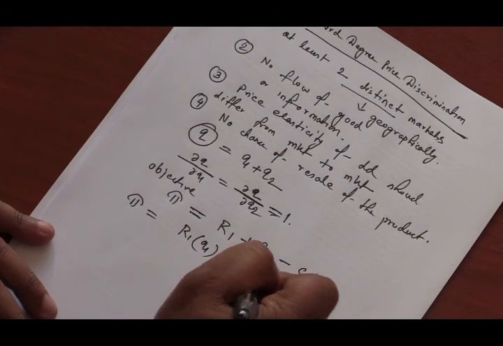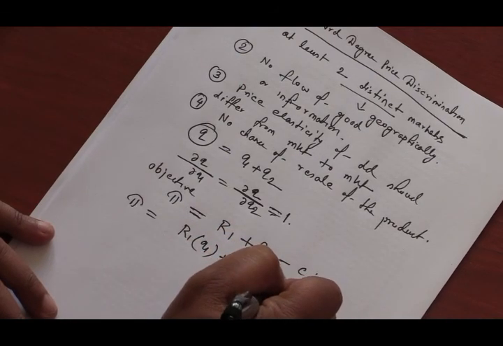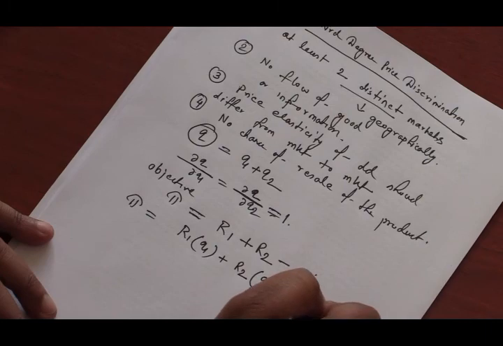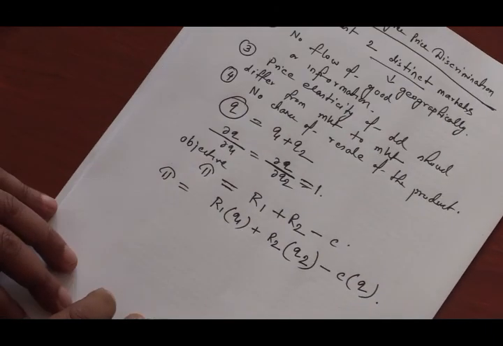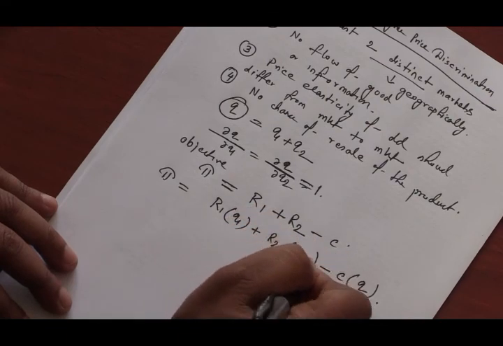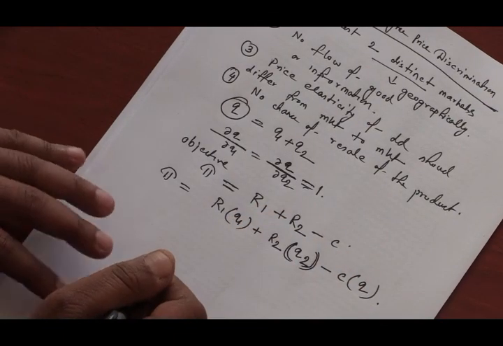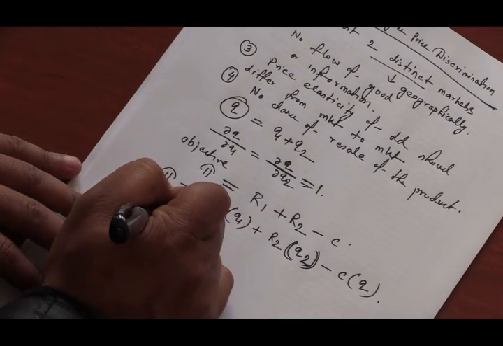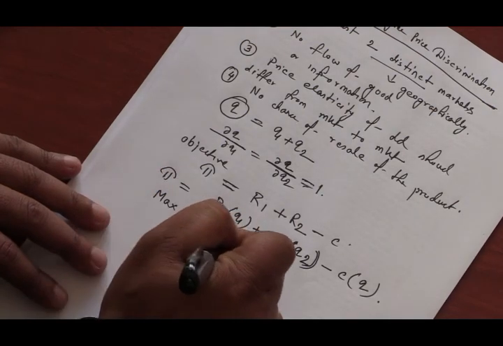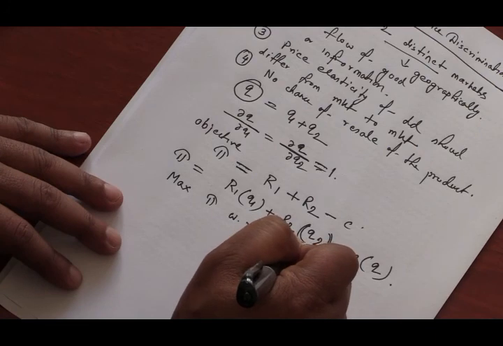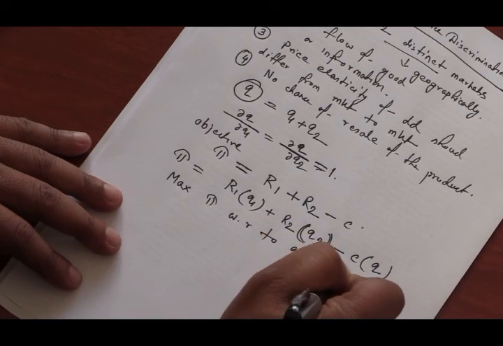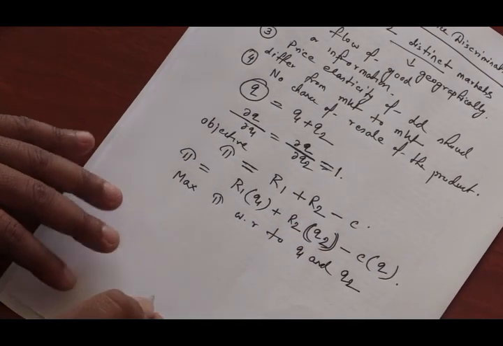Revenue in second market is the function of output sold in market 2, and cost is the function of total output produced. So this is the objective function of the monopolist. So monopolist has to maximize profit with respect to Q1 and Q2.